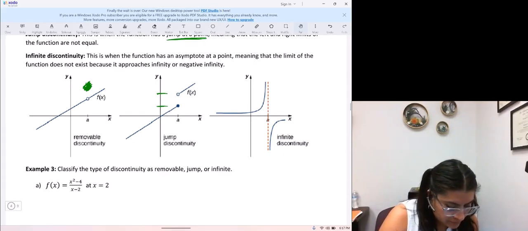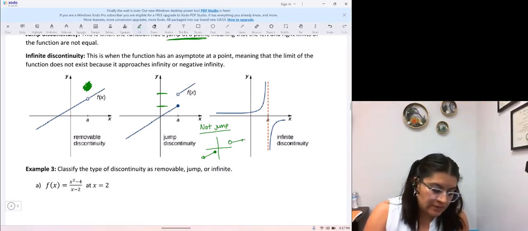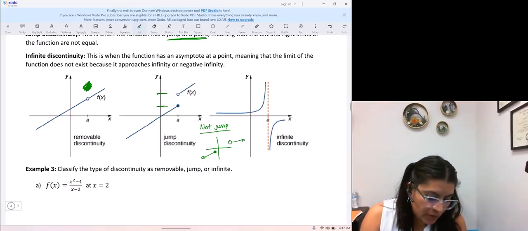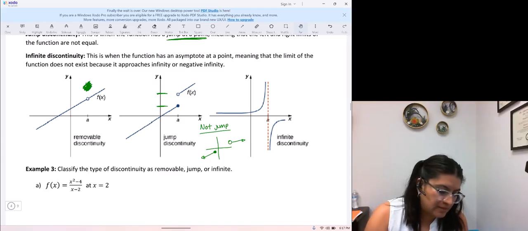This is not jump discontinuity. You have a graph, and maybe it's somewhere here, and the other one is somewhere here. Here you have a gap in the x values. So that's not the same as this here. This is a jump in the y values.